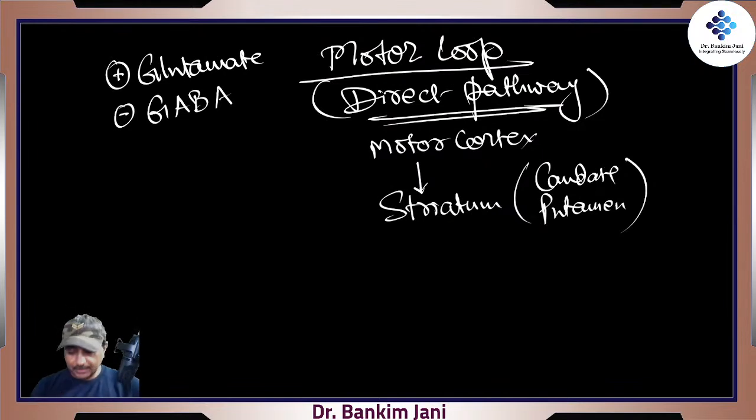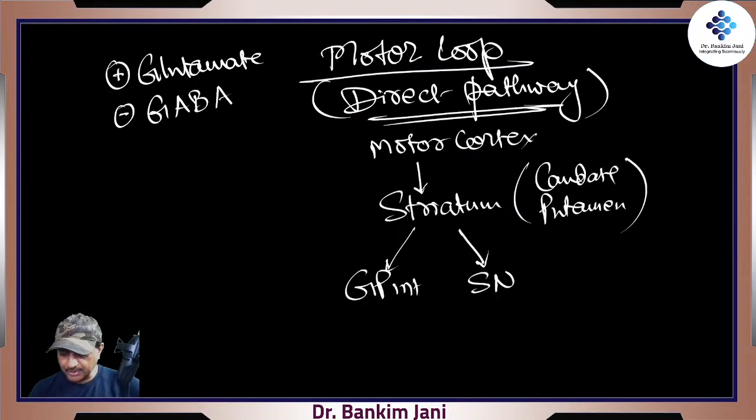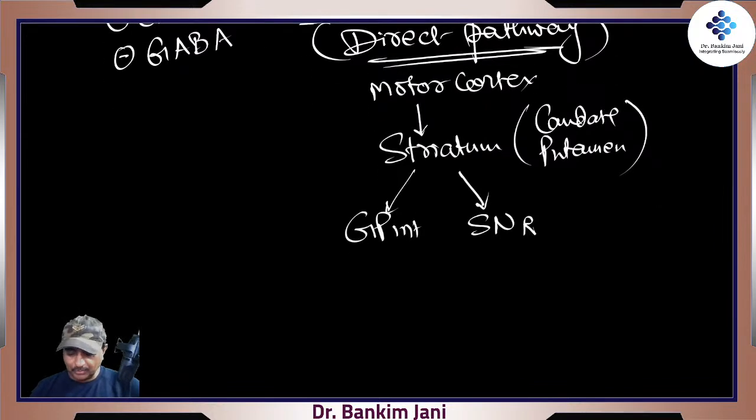Then it would act on what? This is the direct pathway. It will be acting on the GP internal and the substantia nigra reticulata. Both of them will be acting on the thalamus.